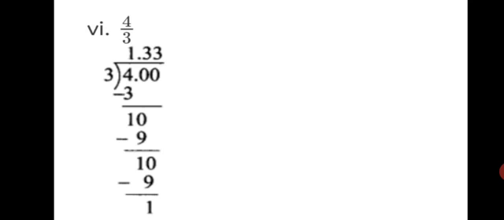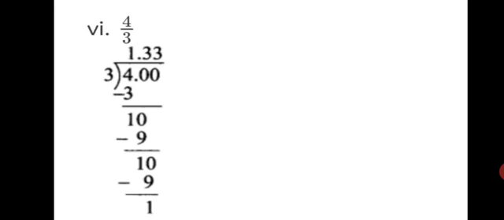So a point in the quotient after 1 also we will put at the same time. Now go further. 3 3s are 9, remainder 1. 0 comes down, 3 3s are 9, remainder 1. Every time we are getting remainder 1. And every time we are getting the quotient as 3 now. That means 3 is repeating itself.